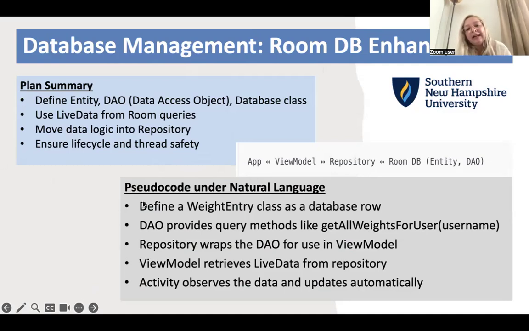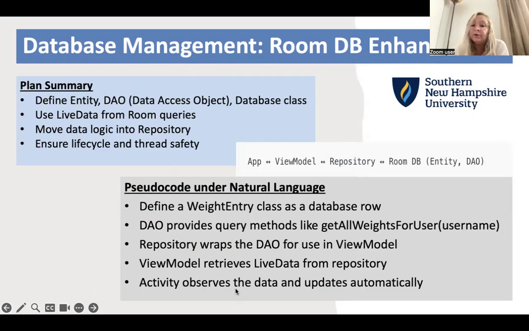In more natural language, my pseudocode would be: define a weight entry class as a database row. The DAO provides query methods like get all weights for user by username. The repository wraps the DAO for use in the view model.